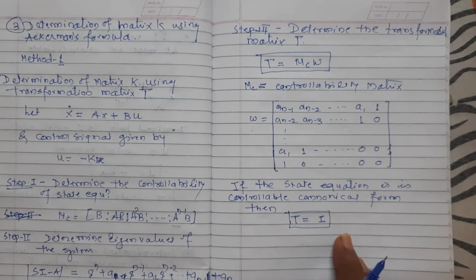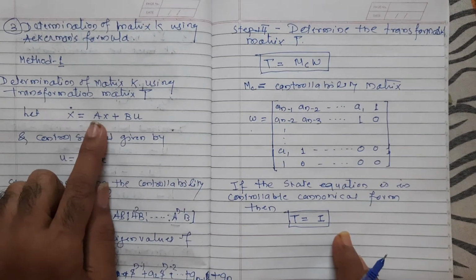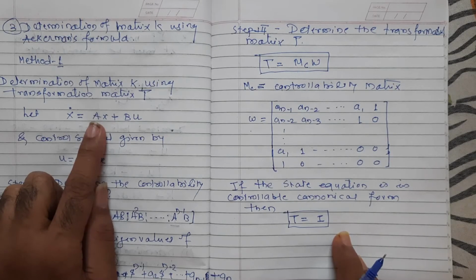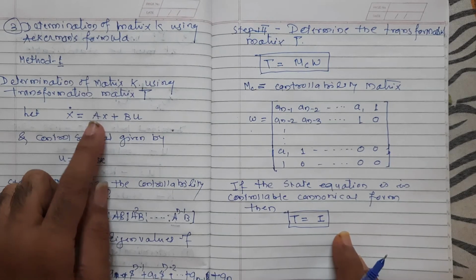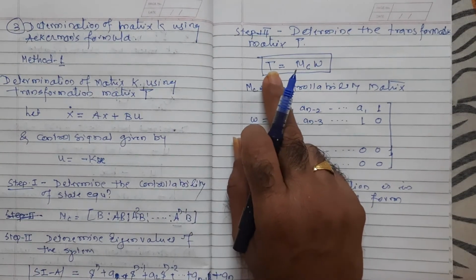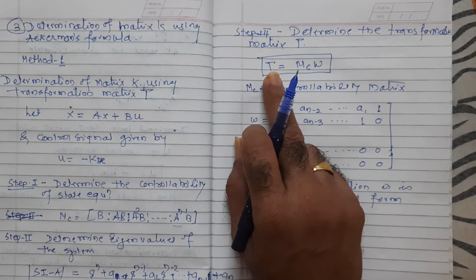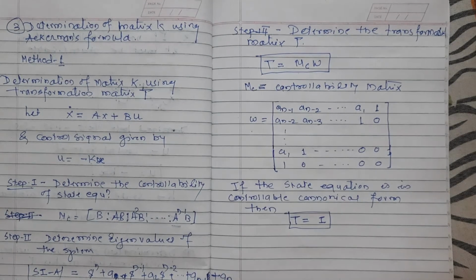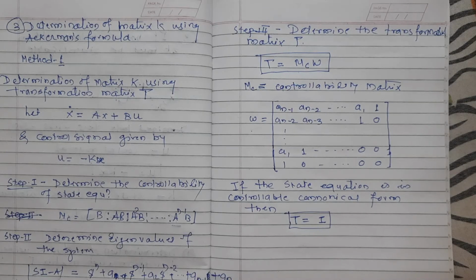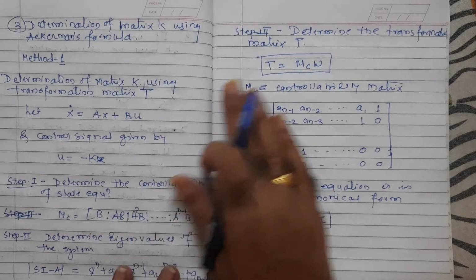If the matrix A is not in controllable canonical form, then we convert our system into controllable canonical form by using this T. So that's why we are transforming our system into the controllable canonical form.